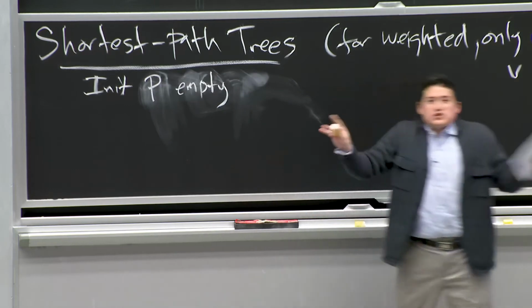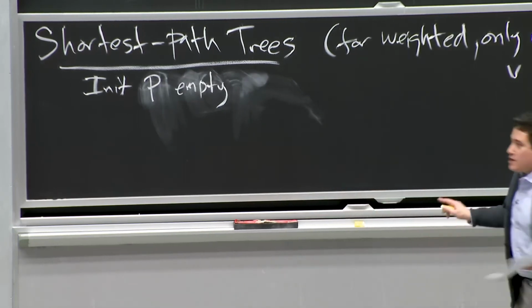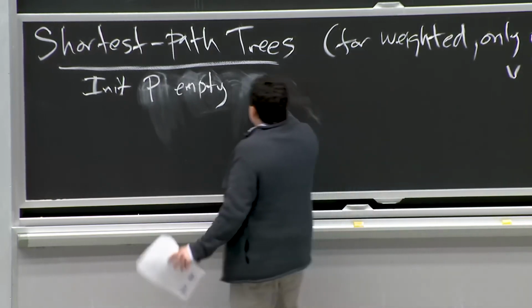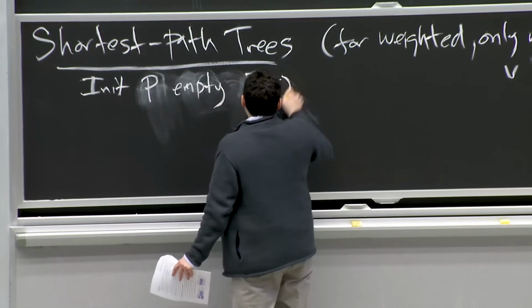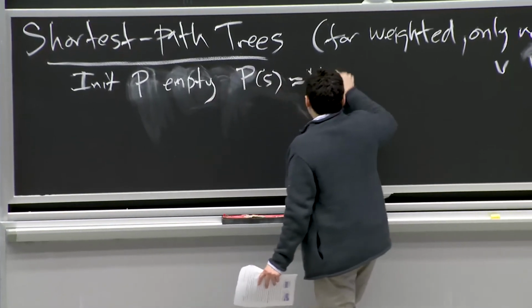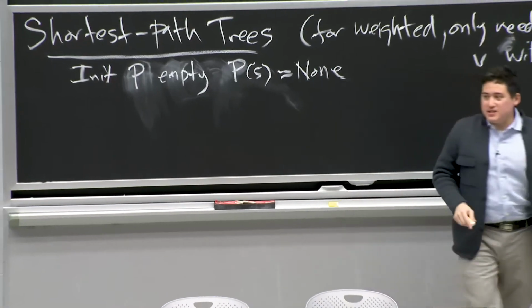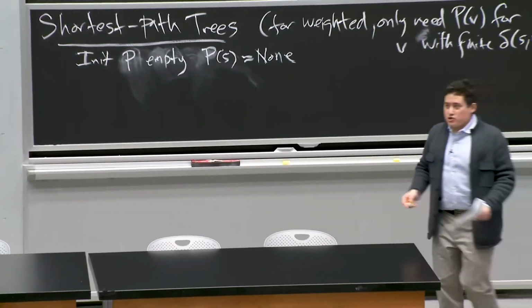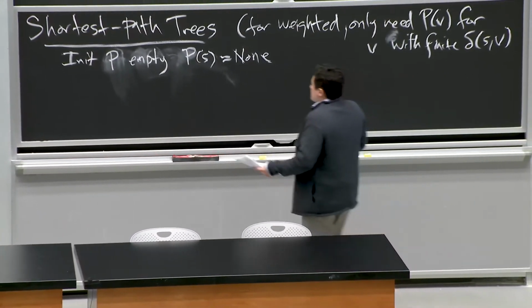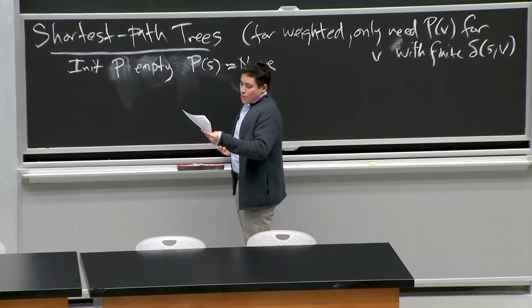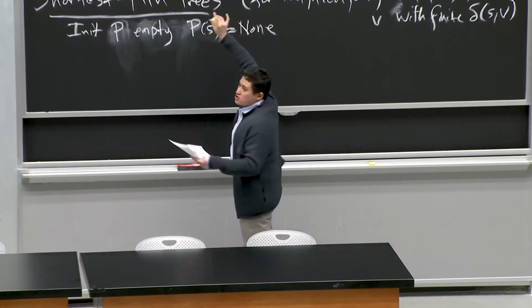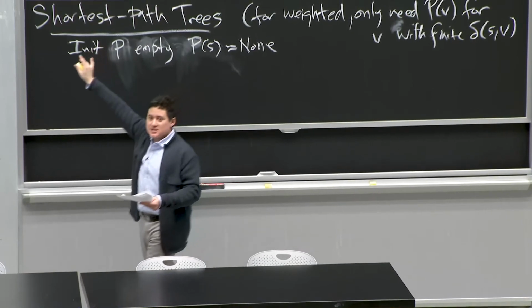First, I'm not going to store any parent pointers, but at the beginning, I'm going to set the parent pointer of the source to be none, right? So that's what we kind of did in breadth first search as well, right? Now, I'm trying to show that given all the shortest path distances, I can construct these parent pointers correctly.